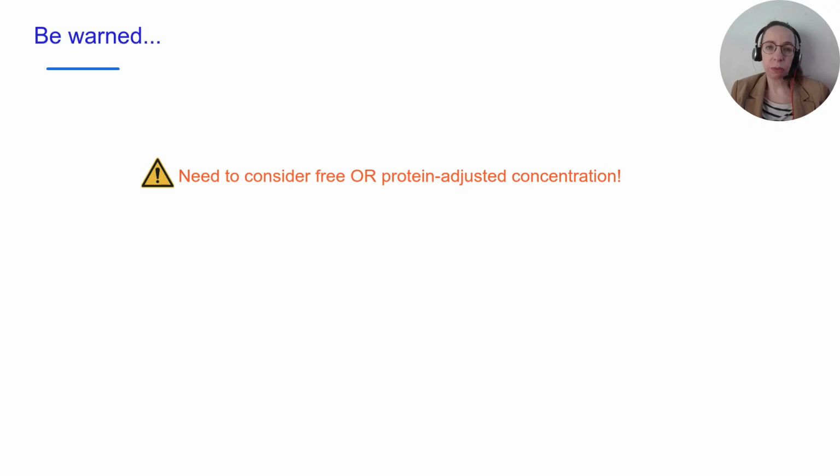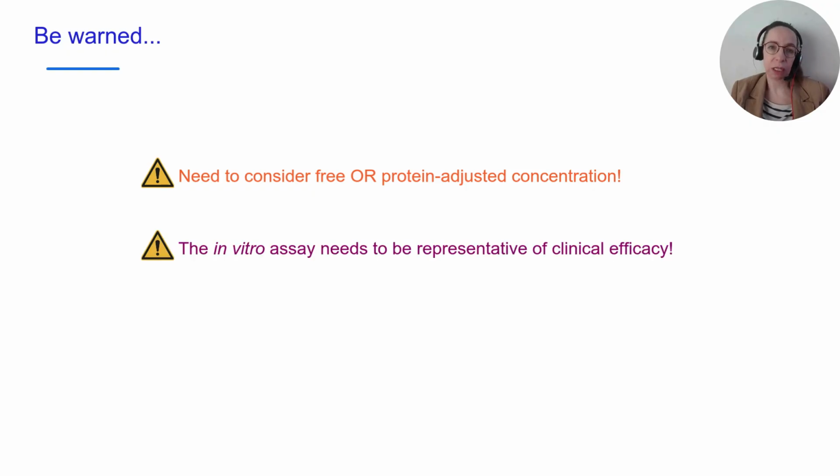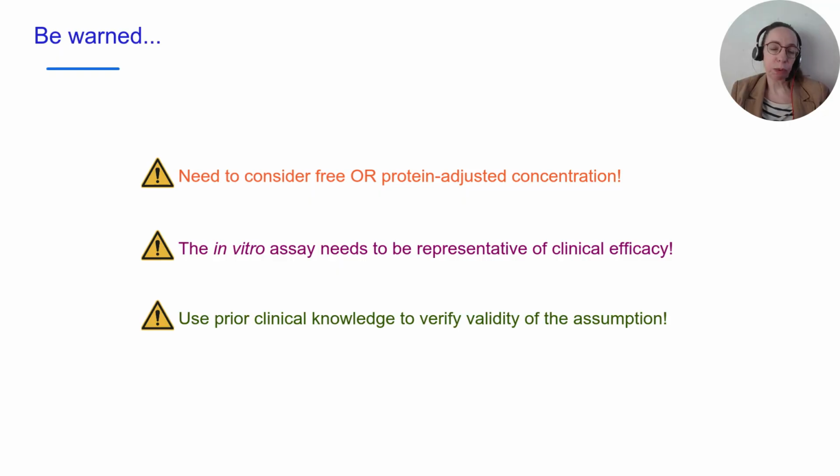You also need to make sure that the in vitro assay used or the percentage of receptor occupancy are representative of clinical efficacy. If you can, use prior clinical knowledge to verify the validity of this assumption. For instance, with an inhibitor of the same mechanism of action but different chemical class.